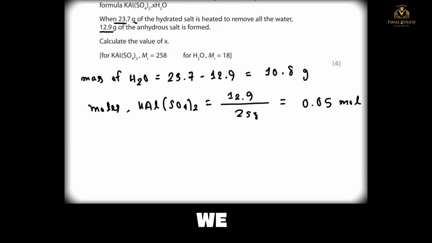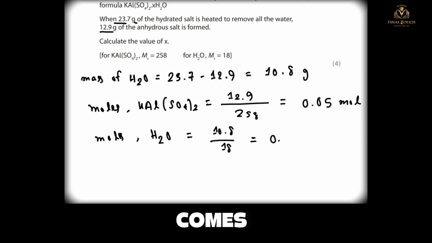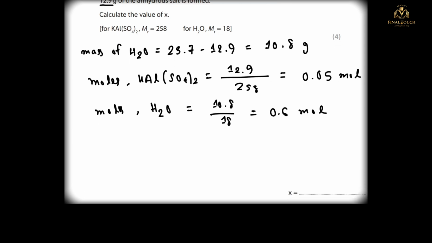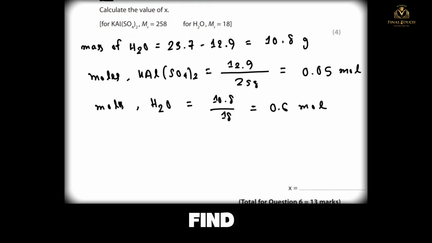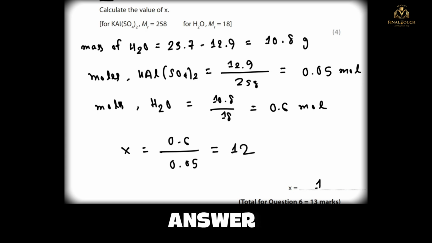For the next part, we will try to find the moles of water. That would be 10.8 divided by 18. That comes as 0.6 mole. So to find the value of x, we can just simply divide the moles of water by the moles of anhydrous salt. That would be 12. So your answer is 12.